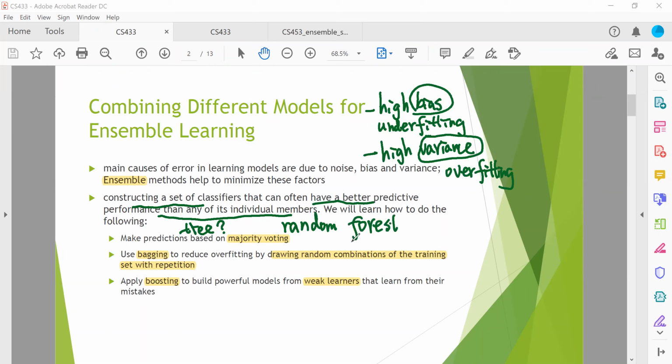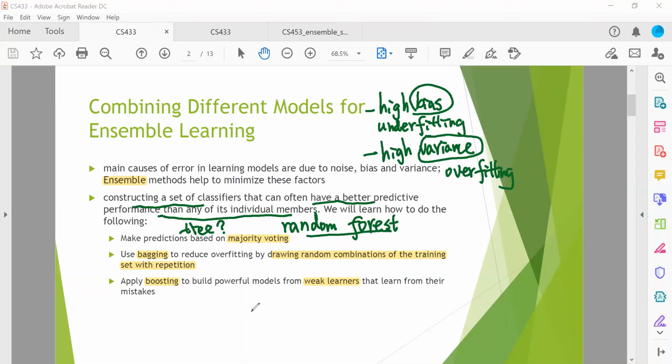Yeah, okay. So remember, random forest doesn't use a single decision tree. It uses multiple trees. So random forest, at a certain level, also belongs to ensemble learning.